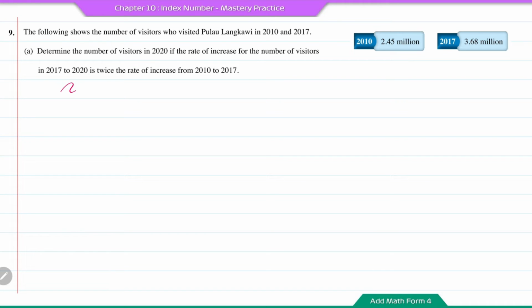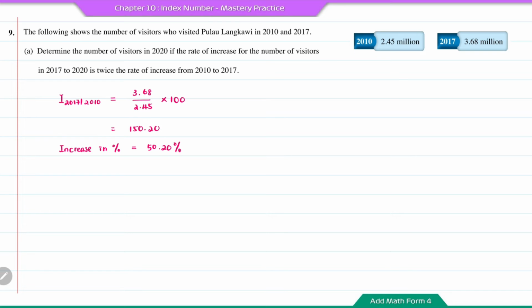So first we want to find the index in the year 2017 based on 2010. So this is going to be 3.68 divided by 2.45 times 100. The answer will be 150.20.